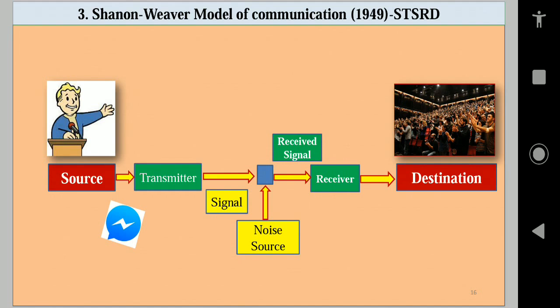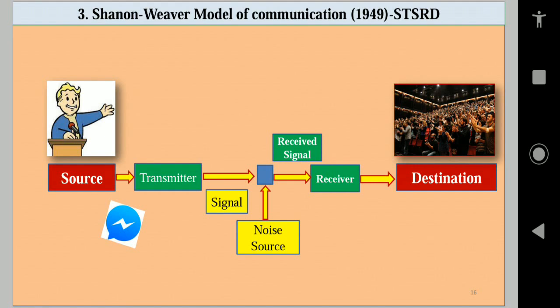Third is a channel, which carries signals from the transmitter to the receiver. Fourth is a receiver, a sort of inverse transmitter which transfers the transmitted signals back into a message. And the last one is a destination, the final consumer of the message.